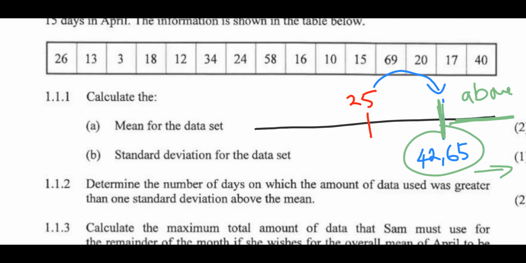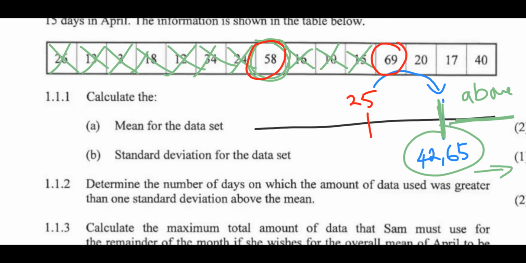So it's not 26, it's not 13, it's not 3. None of these values here, they're too small. 58. 58 is 1 day that's above that 42.65. 16 no, 10 no, 15 no. Here's another one, 69. 20 no, 17 no, and 40.